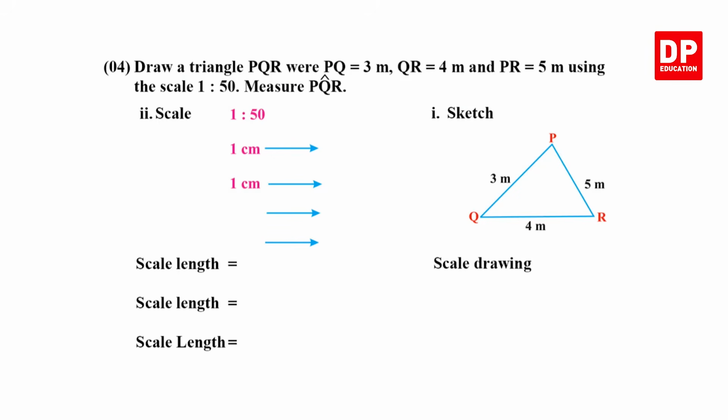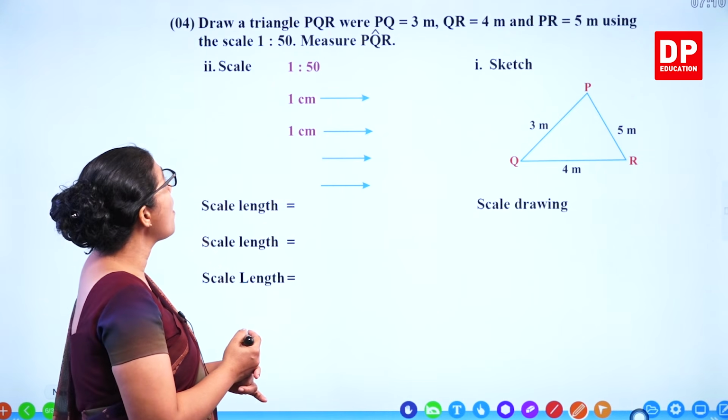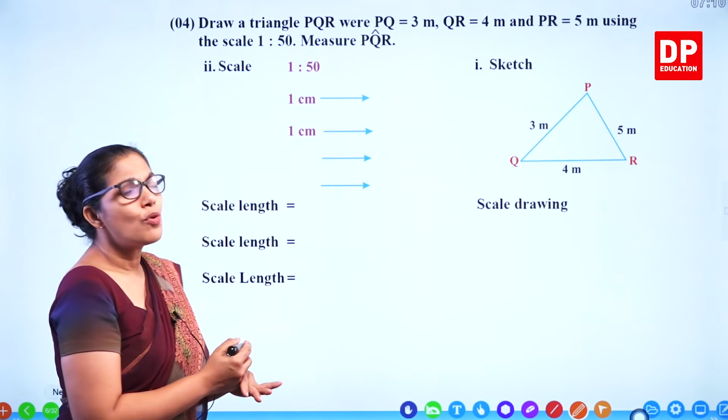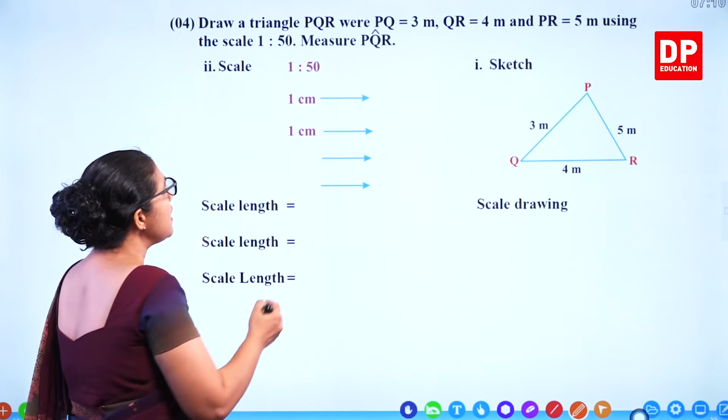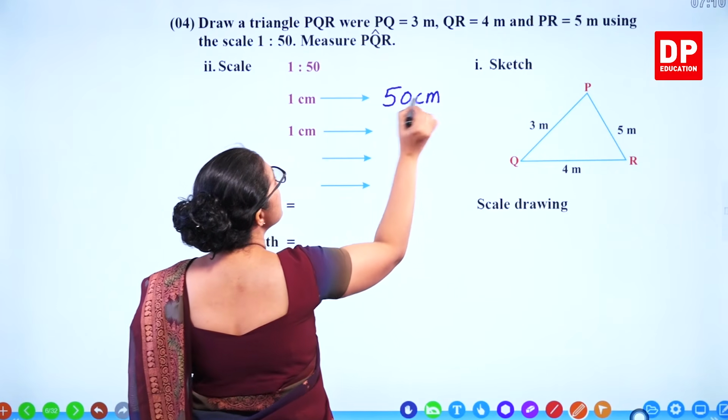Draw a triangle PQR where PQ is 3 meters and QR is 4 meters and PR is 5 meters using the scale 1 to 50, and then measure the PQR angle. So 1 to 50 means 1 centimeter represents 50 centimeters.